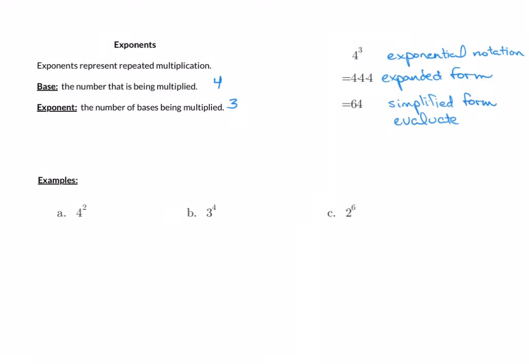Okay, so let's go ahead and try some quick examples, and we're going to practice with these different notations and evaluate. So if we look at example A, we have 4 squared. If I write this in expanded form, this is 4 times 4. And if I evaluate it, my final answer is 16.